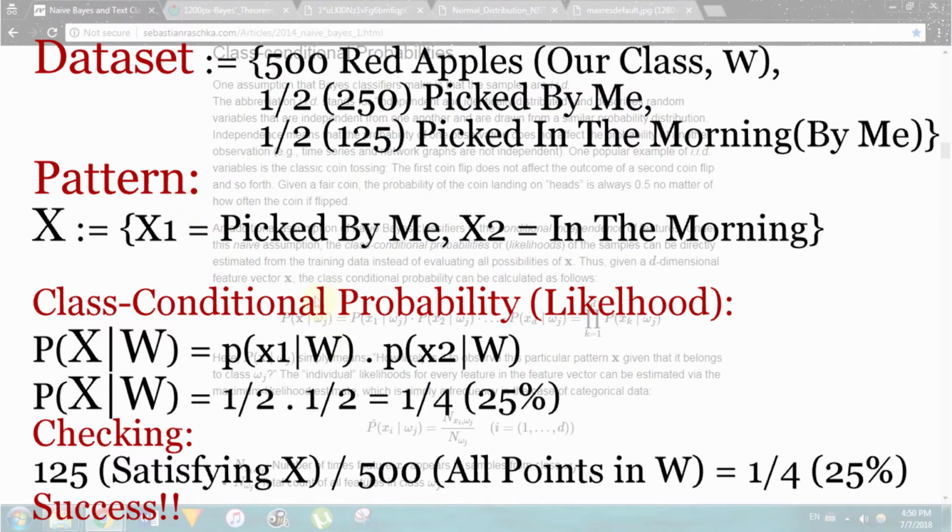And what I can do is, okay, red apple picked by me in the morning. So the probability of an apple to be picked by me is 1/2, it's 0.5.